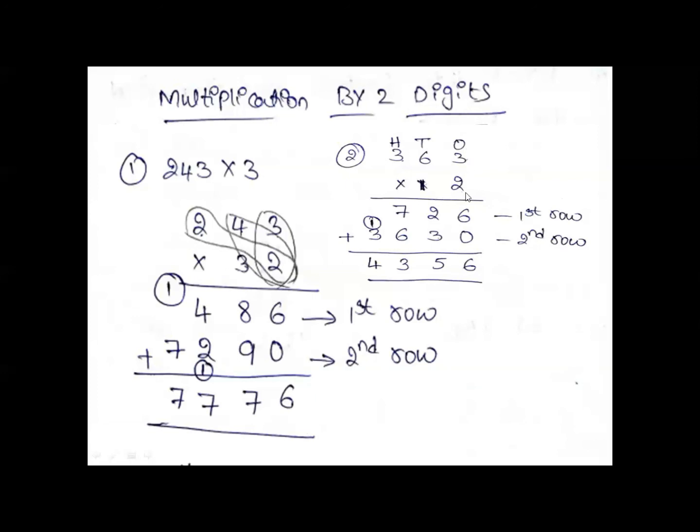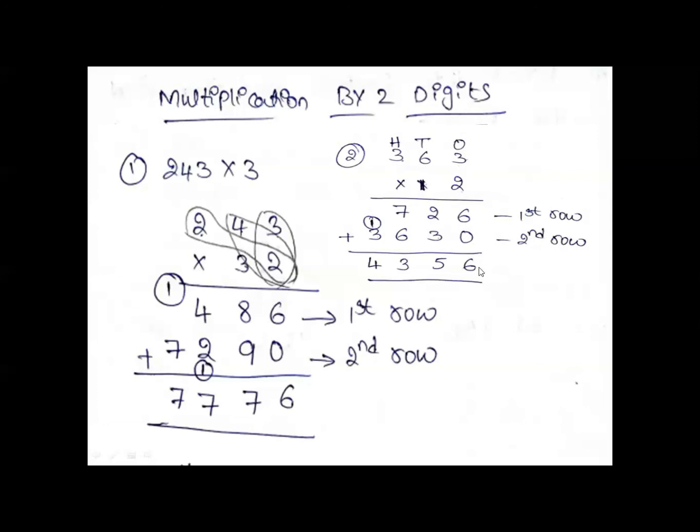The next example. Multiply with 12. In the first row, 3 twos are 6. 6 twos are 12. 1 carry over. 3 twos are 6. 6 plus 1, 1 carry is there, no? 7. First row over. And the second row, 0 in the ones place. 1 three is 3. 1 six is 6. 1 three is 3.